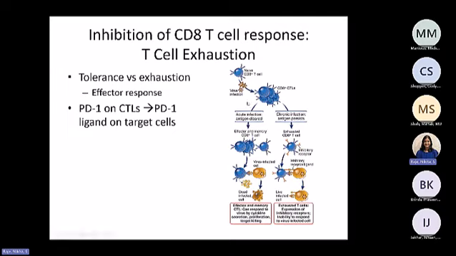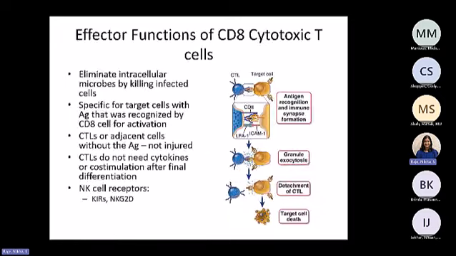So some of these signals that we have already talked about are signals called PD1 on CTLs that can bind to PD1 ligand on the target cells. So that's T cell exhaustion.